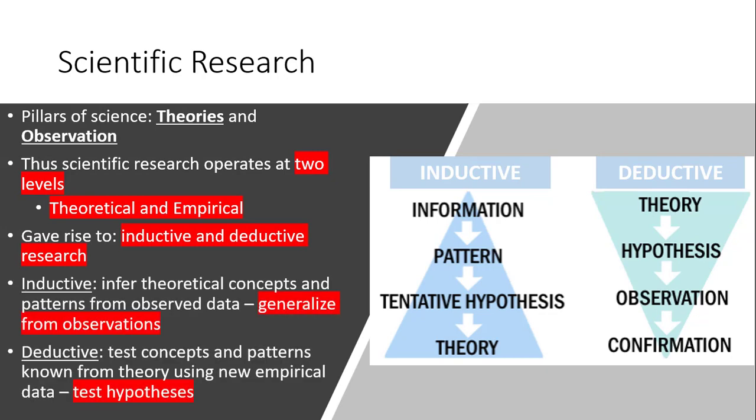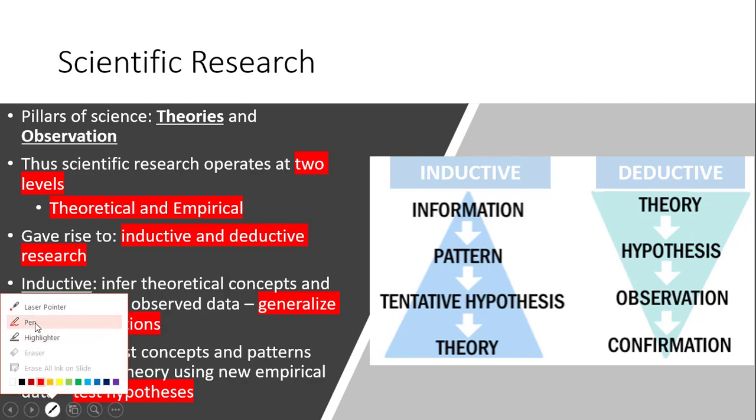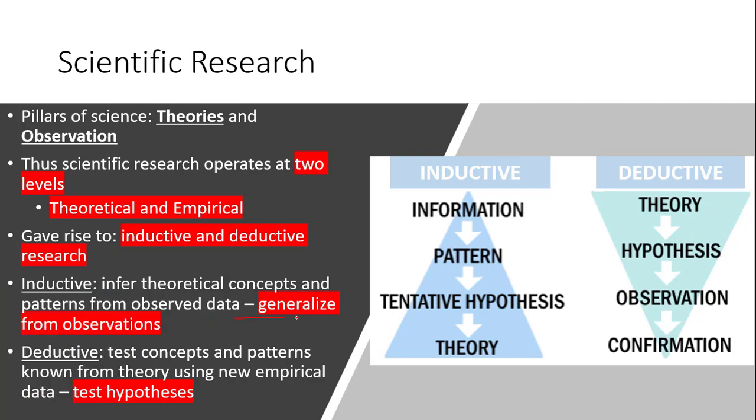We can look at inductive research as a way by which we generalize from observation. We're trying to take observations from the real world, we're trying to generalize from it to be able to develop theories.